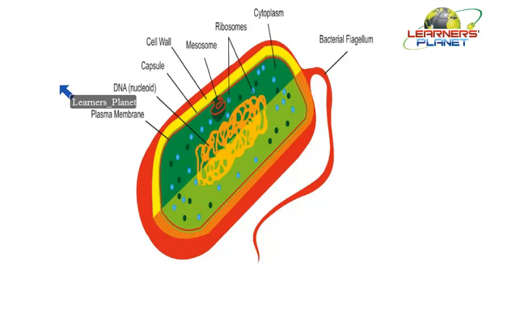Bacteria is a unicellular organism, and if it is unicellular, you can imagine the minor changes in the surroundings can cause harm to such a structure, but they have a capacity to withstand such conditions. So can you imagine why it is possible?